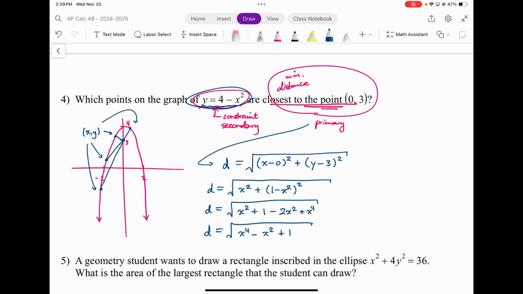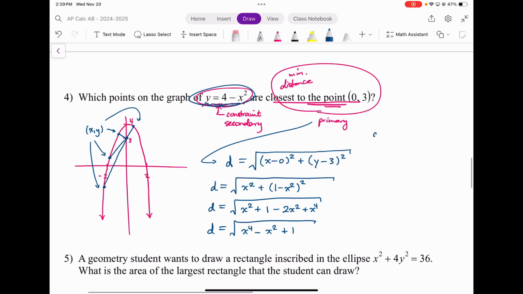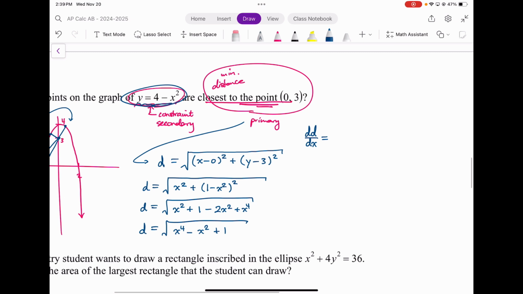All right, cool. So now take a derivative like we normally do. So we're taking the derivative of d with respect to x. Be careful here. The derivative you should get, just to save time, should be 4x cubed minus 2x over 2 square root x to the fourth minus x squared plus 1.